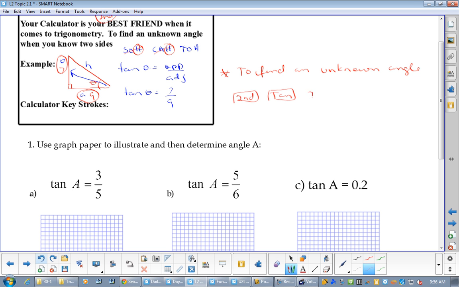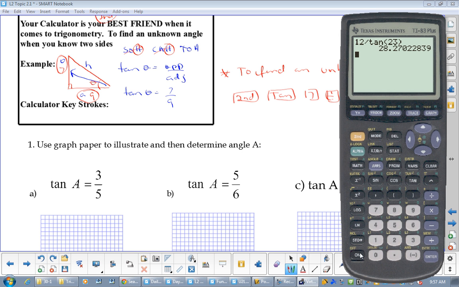then I would go 7 divided by 9. And usually it opens with a bracket, so we're going to close the bracket, and then I'm going to press enter. Well, just watch when I do it. So, no, it doesn't go around, it goes like this, okay?